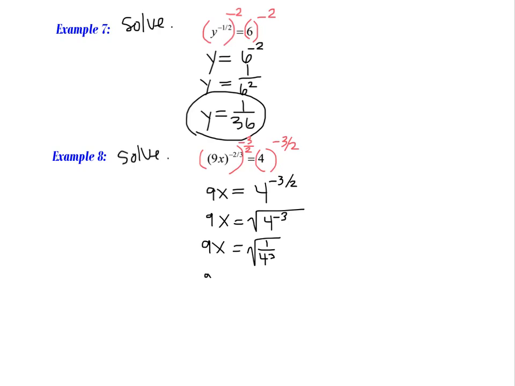So we have 9x equals the square root of 1 over 4 cubed, which is 64, or just 1/8. So kind of a lot of work with simplifying this one. But the last thing we're going to do is divide by 9 on both sides, and we're left with x equals 1/72.